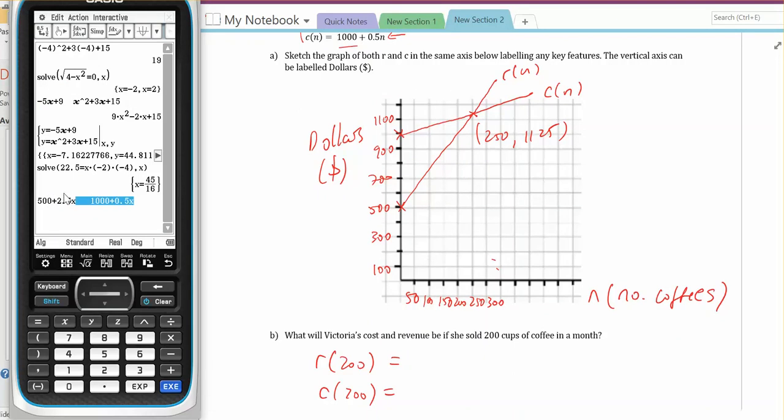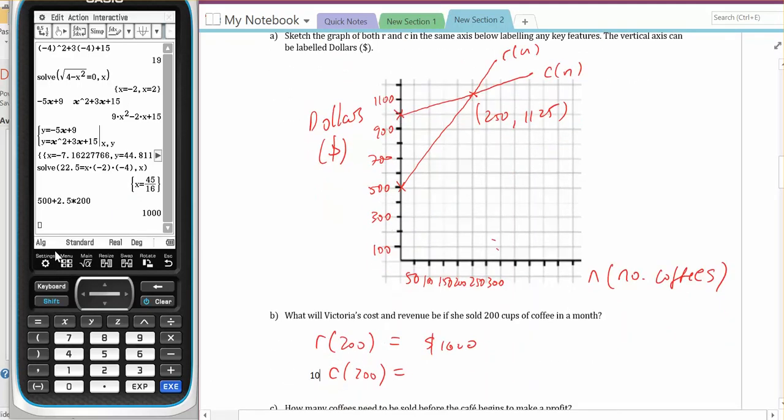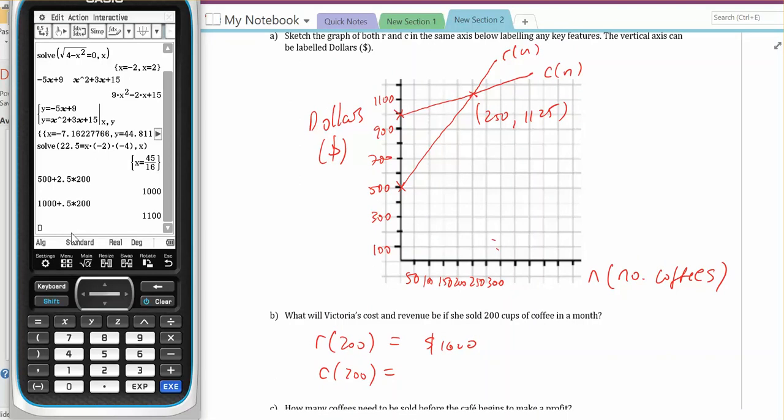So I delete that. So this is revenue, n times 200 gives me 1,000. So revenue will be $1,000, and the cost 1,000 plus 0.5n times 200 gives me 1,100.